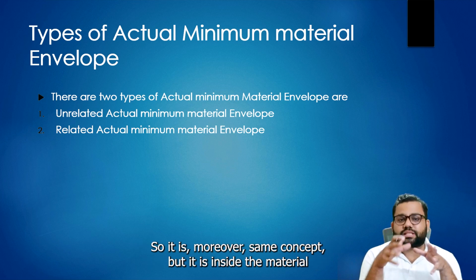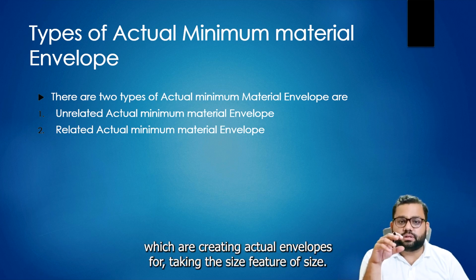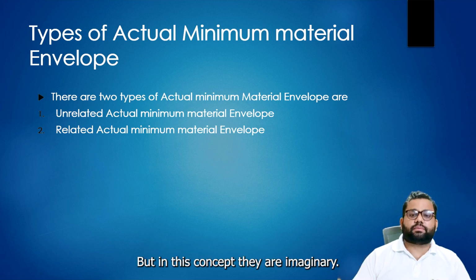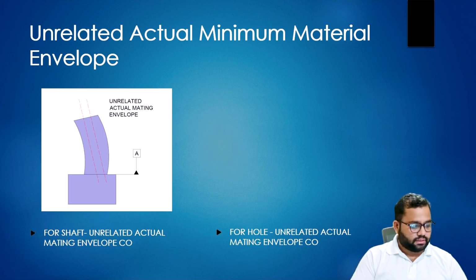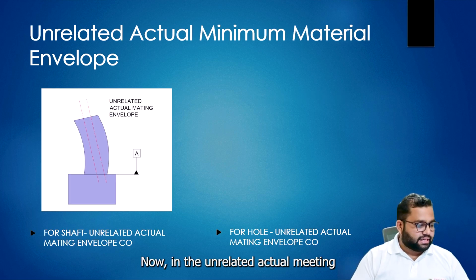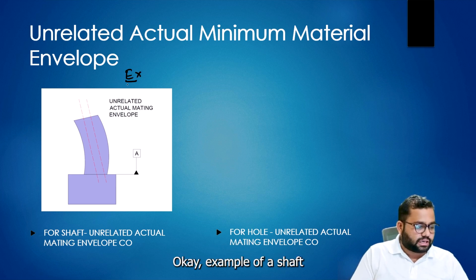It is more or less the same concept, but inside the material. Now, in the unrelated case, you can see this is an unrelated example, an example of a shaft.